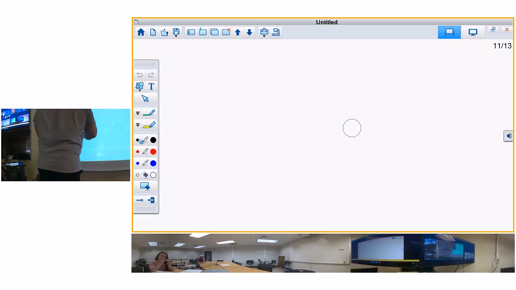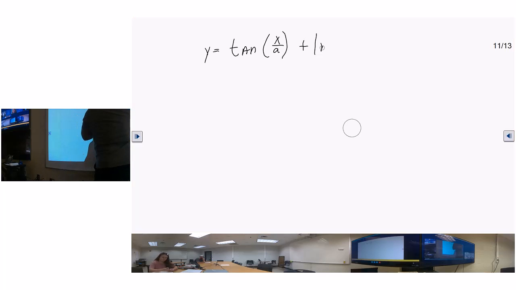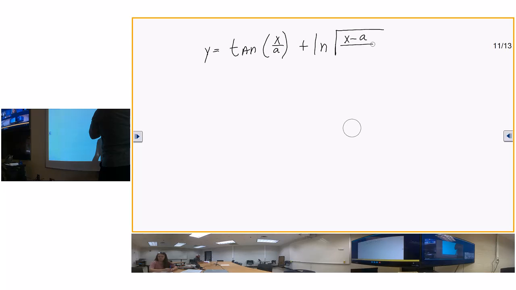Okay, here we go. y is equal to inverse tan of x over a plus natural log of the square root of x minus a over x plus a.